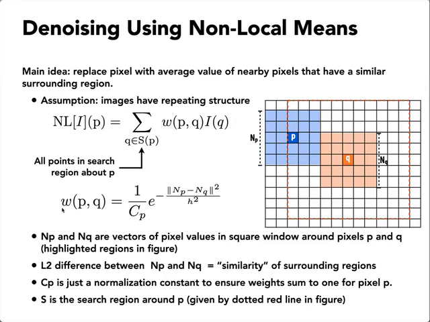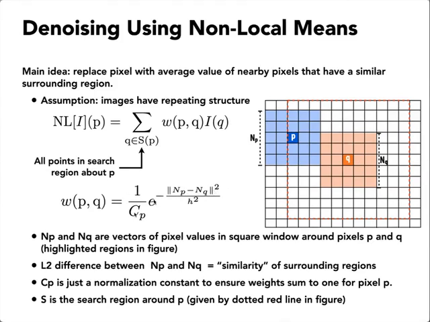And this function W with input parameters P and Q is equal to this thing over here, where the key is that the neighborhood around P minus the neighborhood around Q, as you can see visualized here, or the mean difference between them, is put into this Gaussian function.